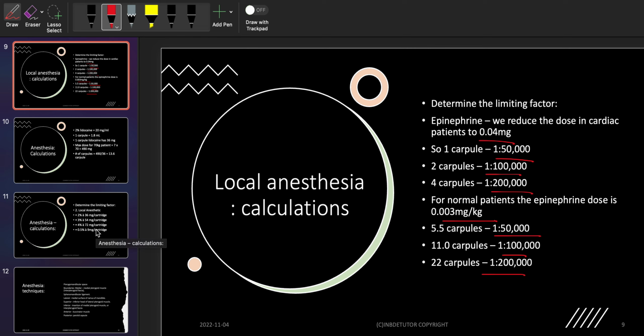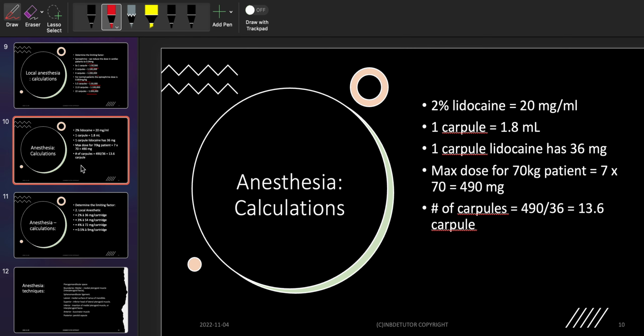Now, let's go ahead and talk about the next slide. This is one of the examples that I've given, just a calculation example, like how you can calculate. 2% lidocaine contains 20 milligram per ml. We already know that one carpule contains 1.8 ml. This is something you should all remember. One carpule of lidocaine has 36 milligram, which is 1.8 into 20.